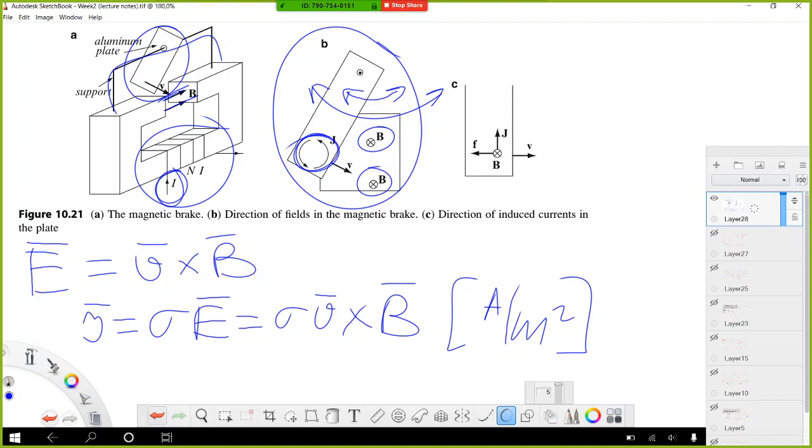And now, the velocity at which the plate goes through the gap is responsible for the magnitude of the induced current. Okay, it is obvious. And the relation between current density J, magnetic flux density B and force F at some point is shown here.